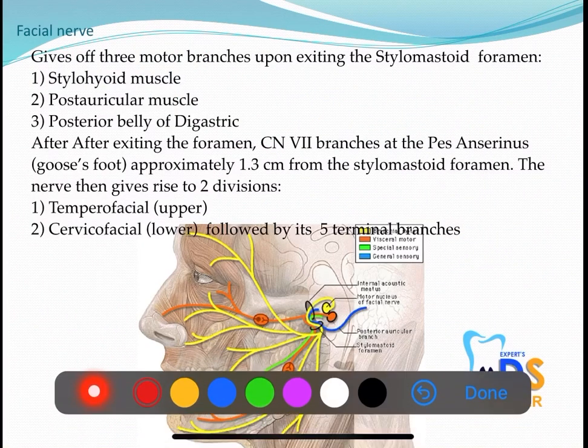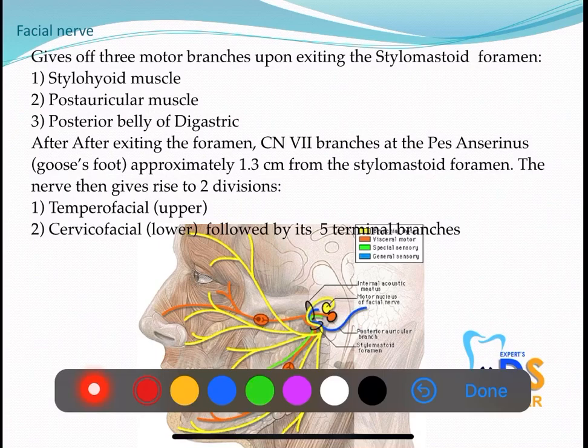Again the facial nerve, we know it enters the parotid gland, it innervates it, and after exiting it gives out its 5 terminal branches. If you can write that, it's very good.